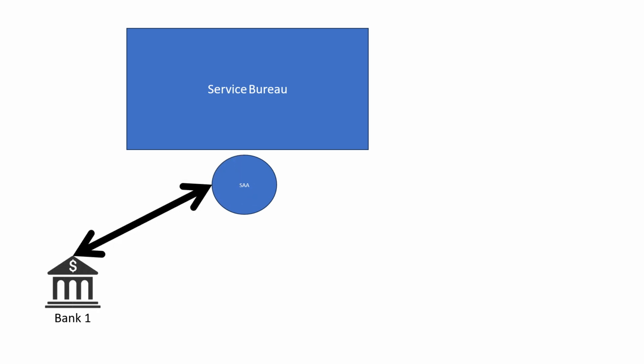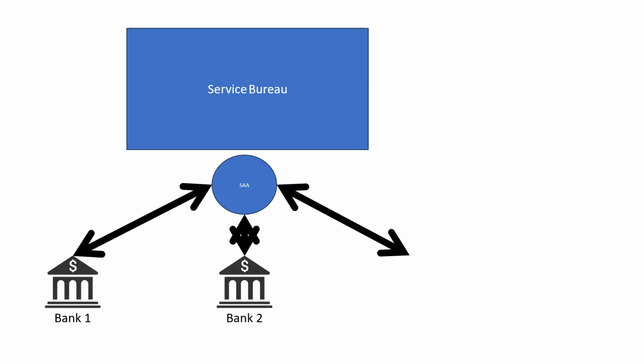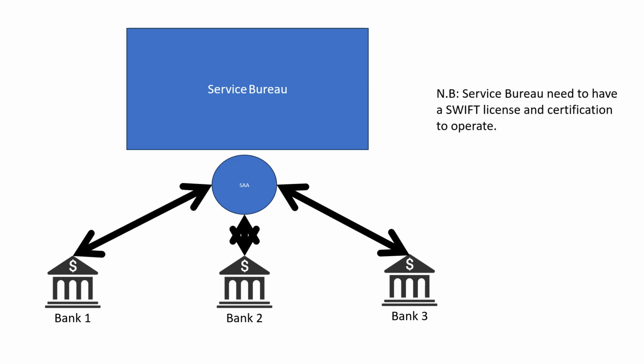The Service Bureau is an institution that has its own SAA and connects to multiple banks, and in doing so can provide access to these banks to the Swift network. An important thing to note here is that a service bureau needs to have a Swift license and certification in order to operate. You can check the current service bureaus using the following link.